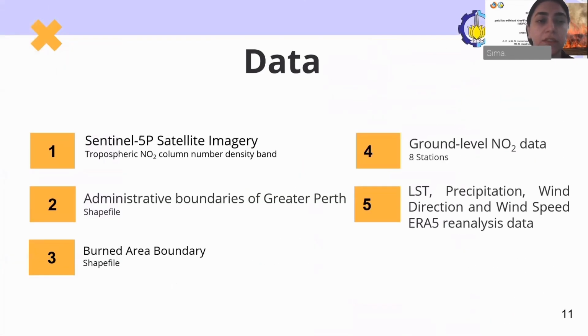As I already mentioned, the data that was utilized includes Sentinel-5P satellite imagery, the tropospheric band, and the administrative boundary of Greater Perth in shapefile format, the burned area boundary in shapefile format, ground level nitrogen dioxide data, including 8 stations, 6 for validation and 2 for creating the model, and land surface temperature, precipitation, wind direction, and wind speed from the ERA5 reanalysis dataset.